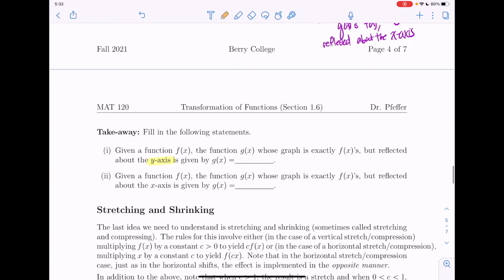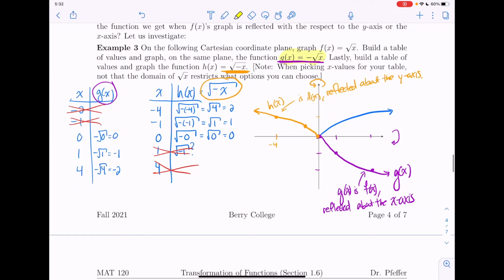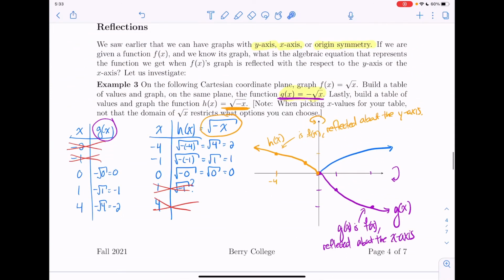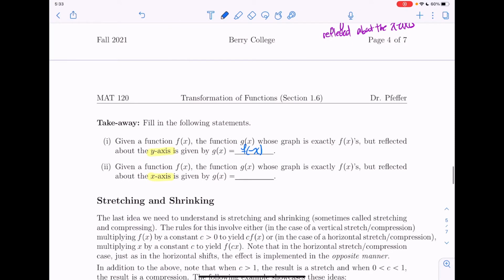So therefore g of x must be equal to, say, f of negative x. Whereas if your g has a graph that is reflected around the x-axis, then that is a lot like this g right here, which is exhibiting x-axis reflections. So therefore, here we notice for g, we multiplied by a negative on the outside. So that's exactly what we have here, negative f of x.